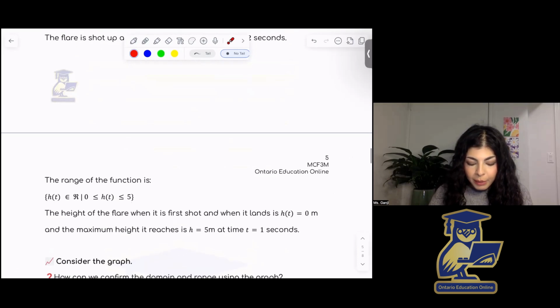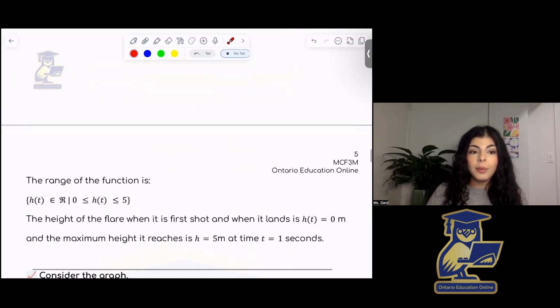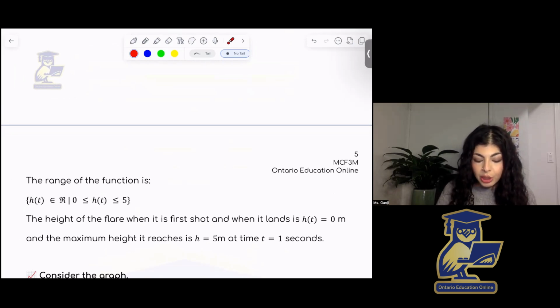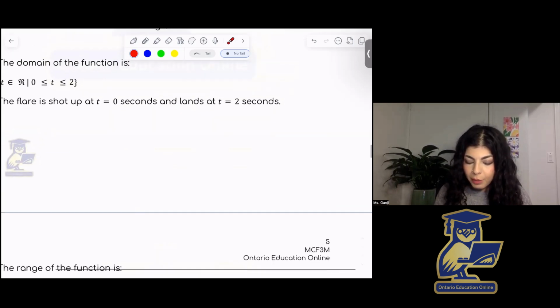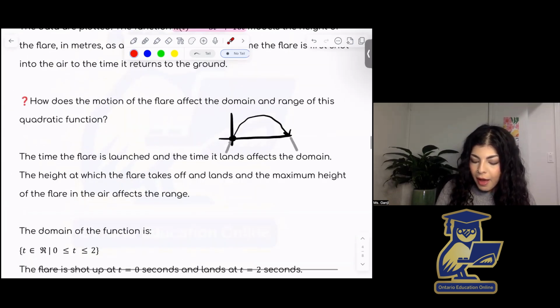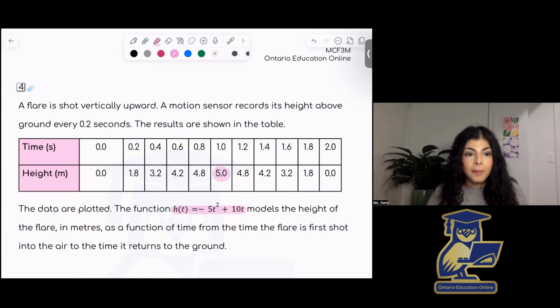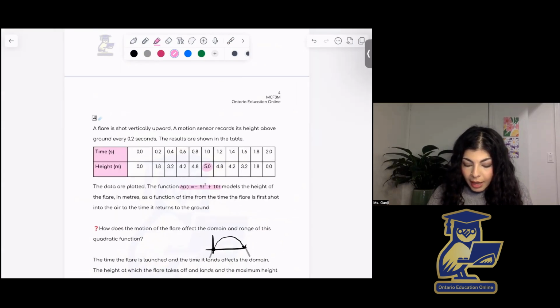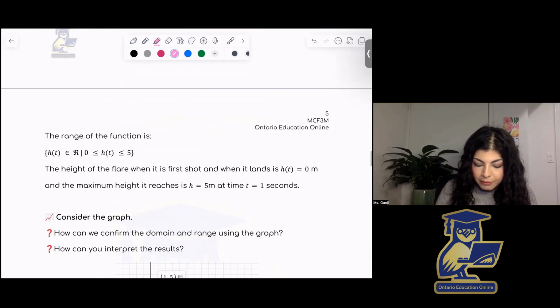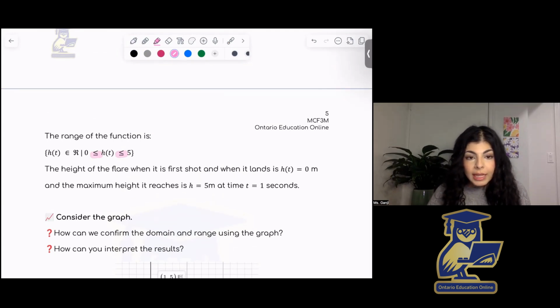The range can be written as h of t, because I'm saying that the values of this function are in R, but I only care about the values of the height within 0 and 5 inclusive, and if we look at the table of values, 5 is the maximum height of that flare. Again, we have the inclusive symbols there. We're saying that we only care when it starts from the land at height 0, reaches the maximum height, and then lands back at height 0.